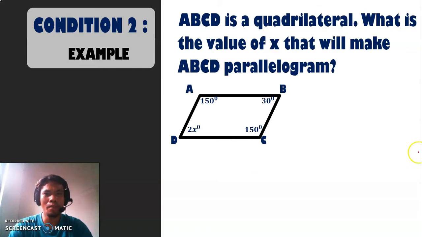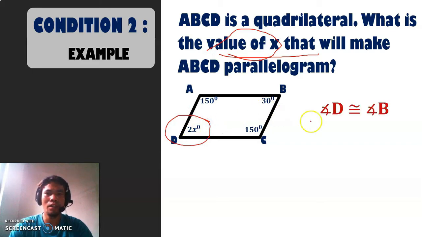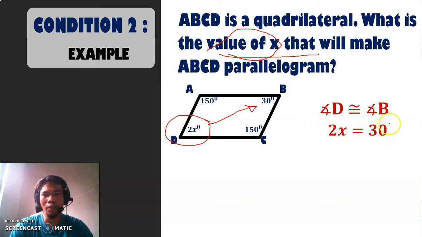Next example. We have to find the value of x that will make ABCD a parallelogram. By simply looking at the figure, since we are looking for the value of x and we can find x at angle D, angle D is congruent to angle B because the opposite angle of angle D is angle B. After that, substitute the values of angle D and angle B. The value of angle D here is 2x degrees and the value of angle B is 30 degrees.